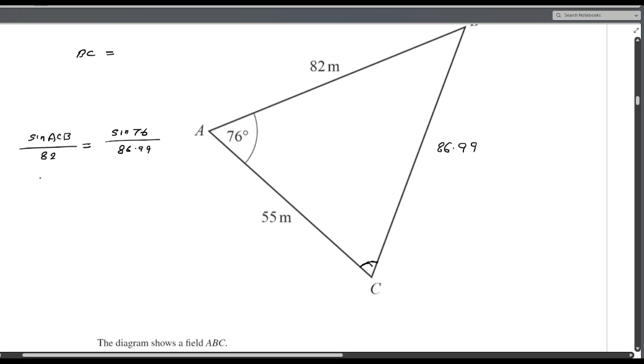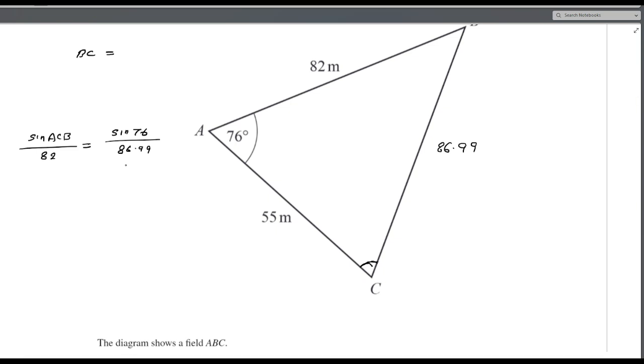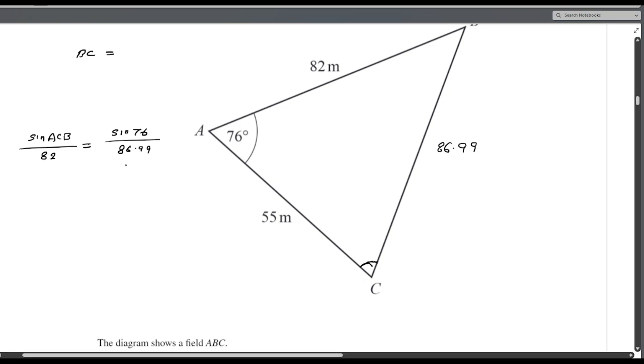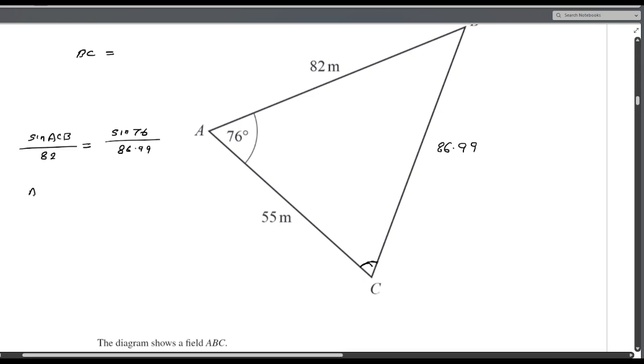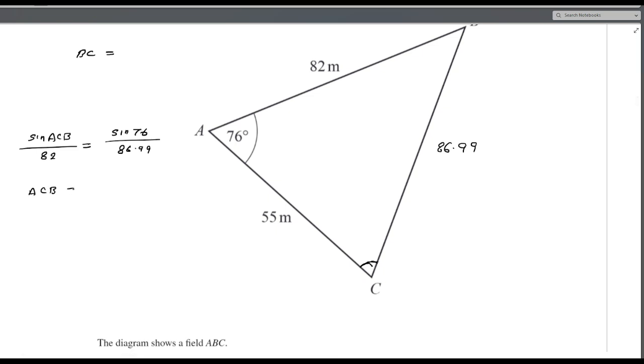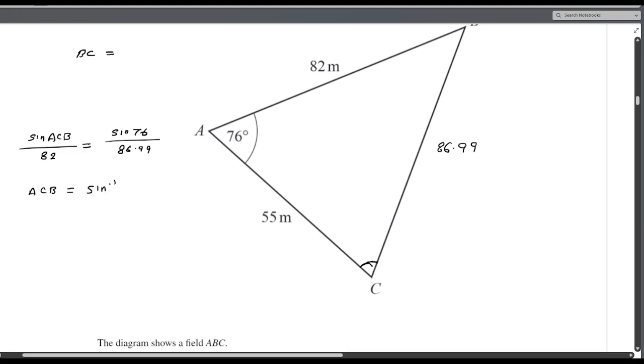While doing the calculations, it is always preferable to use the exact values. Already in my calculator the exact value is there, so I will use that to find angle ACB. So angle ACB will be equal to sine inverse of sine 76 upon 86.99 times 82.